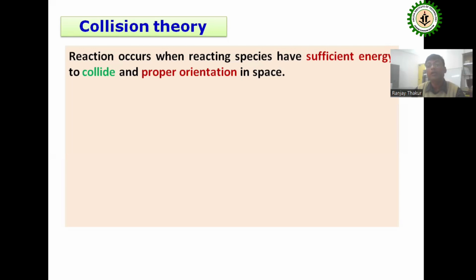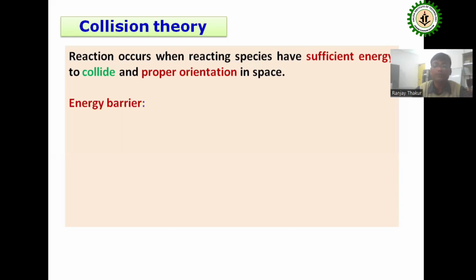Here proper orientation means that when the two reactants interact, they interact at a specific site in a specific orientation. So before collision, they attain a proper orientation in space. Then with sufficient energy, they collide in proper orientation, and are able to react and give a product.